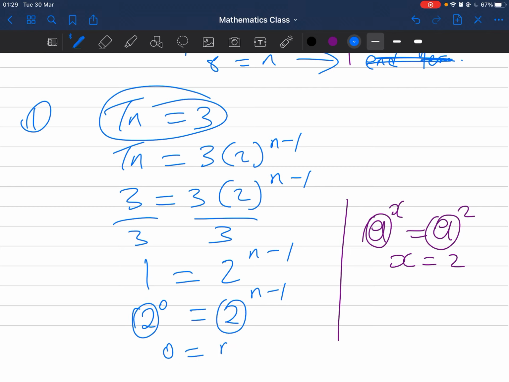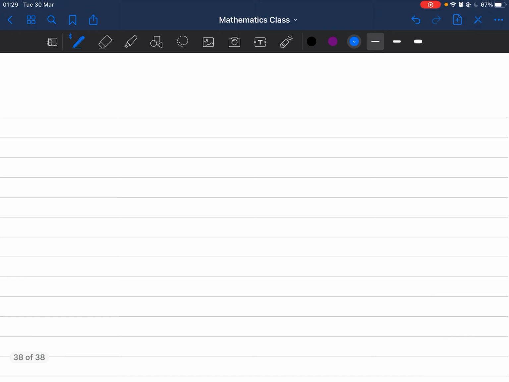The bases are the same, then we equate the exponents, so n minus 1 is equal to 0, and your n is equal to 1. So this is your starting point. Nice. You have your starting point.